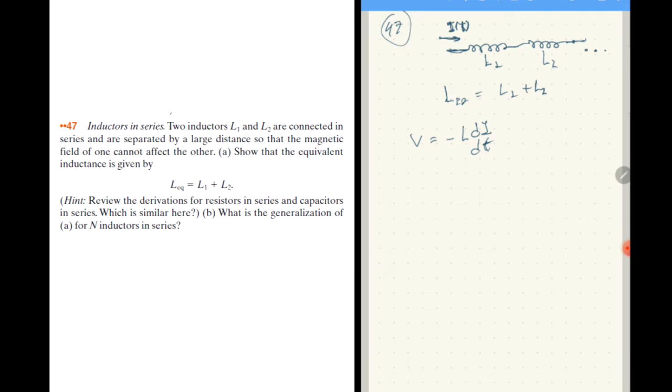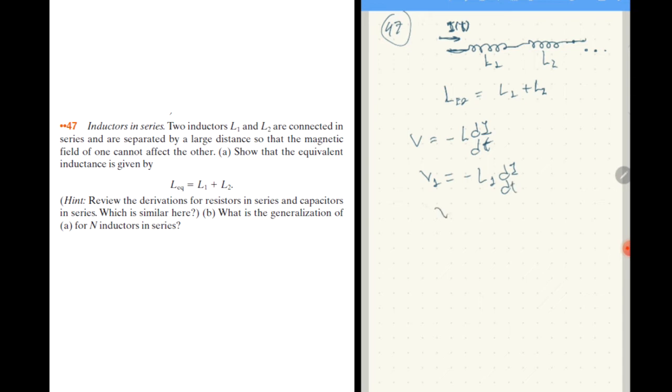And this should be a time-dependent current, like an oscillating current. So the voltage across the first inductor, inductor 1, equals minus the inductance of this inductor times the derivative of the current with respect to the time.